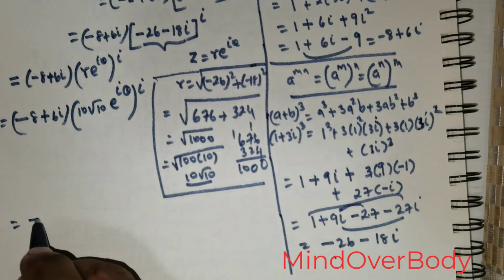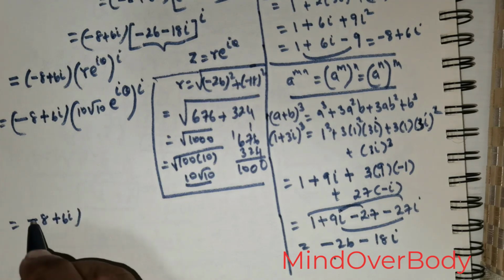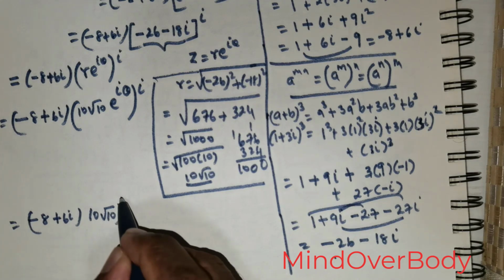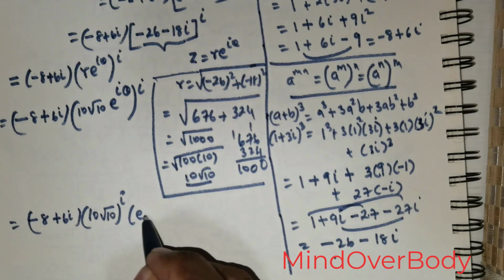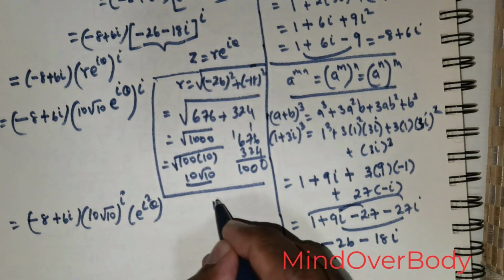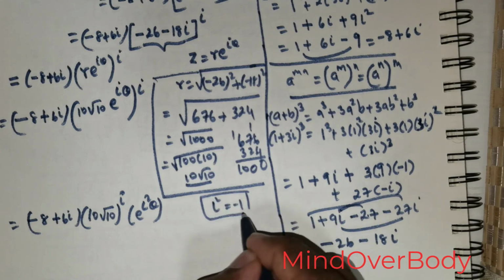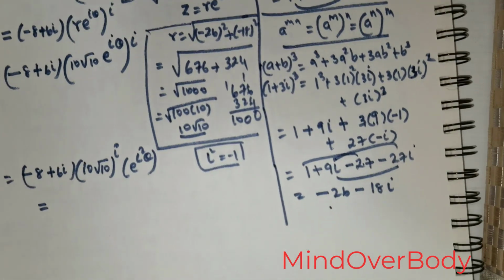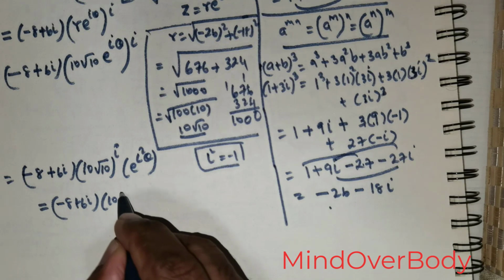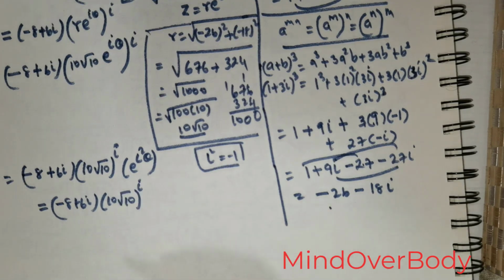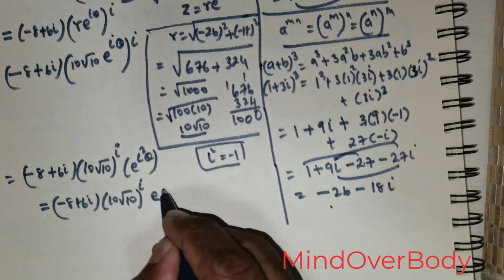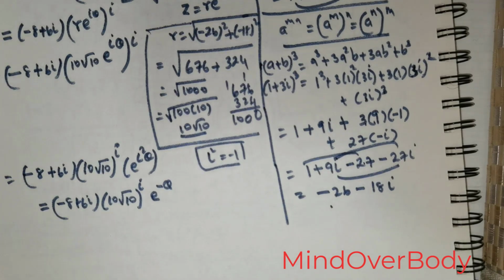This can be rewritten as negative 8 positive 6i times, this is raised to the power i, so I'm going to rewrite this as 10 times root of 10 raised to the power of i times e raised to the power i multiplied with i, which gives me i squared times theta, but i squared value is negative 1, so this is going to be equal to negative 8 positive 6i times 10 times root of 10 raised to the power of i, and this is going to be e raised to the power of negative theta, right?